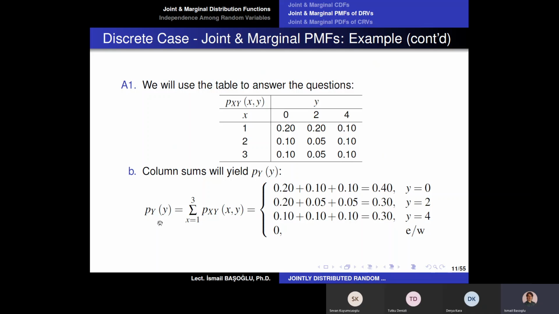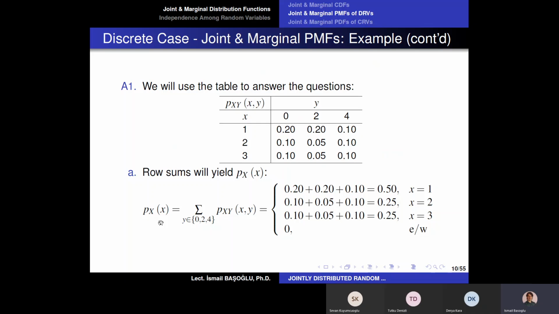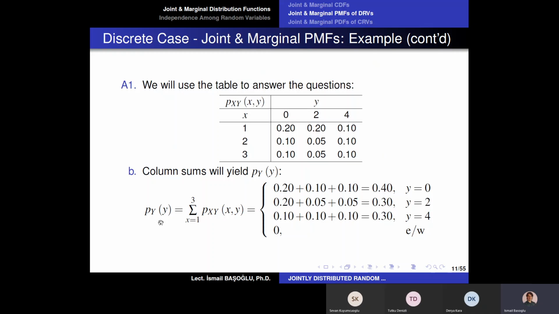By using these marginal probability mass functions, we can calculate the expected value of x or variance of x. Similarly, we can calculate the expected value of y and variance of y.